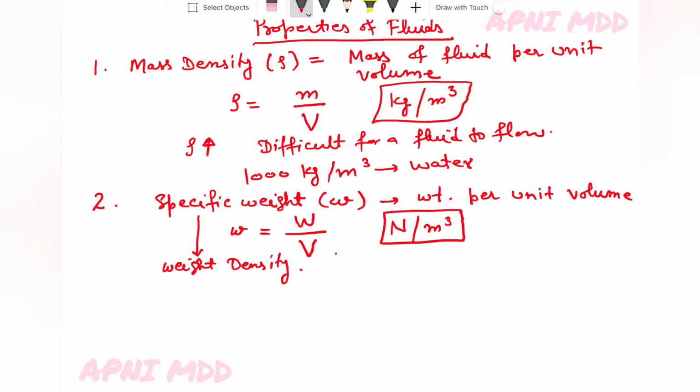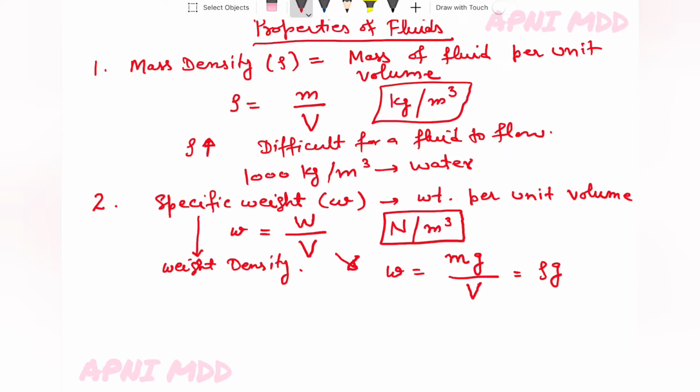So from this formula, now we can write w as, weight is m into g, mass into acceleration due to gravity, divided by volume. So m upon v is rho.